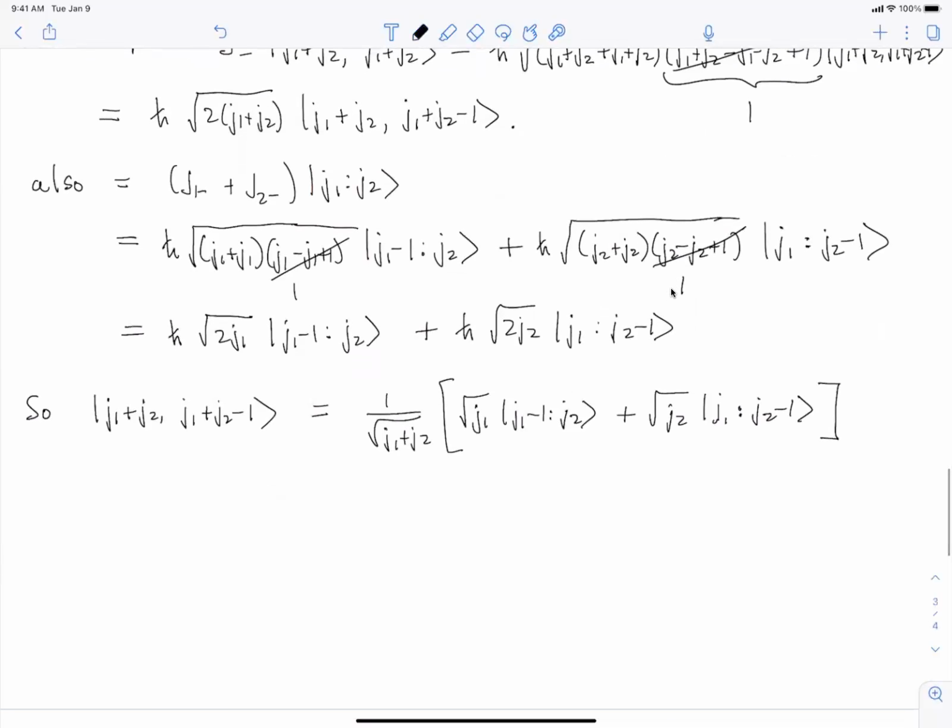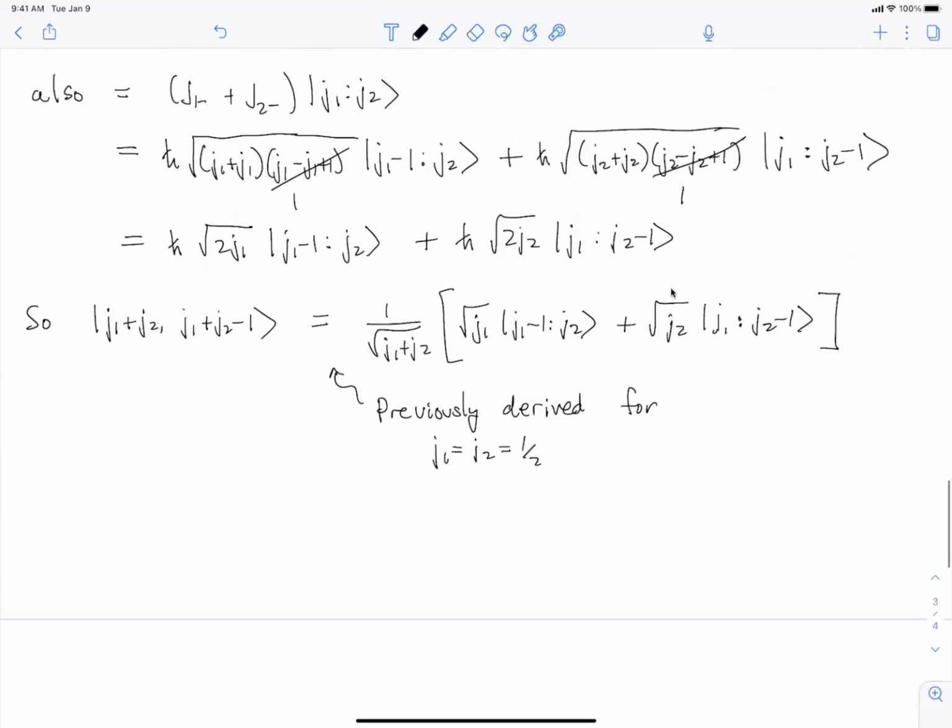This is an equation that we've previously derived in special cases: J1 equals J2 equals 1/2, and the special case J1 equals L and J2 equals 1/2.